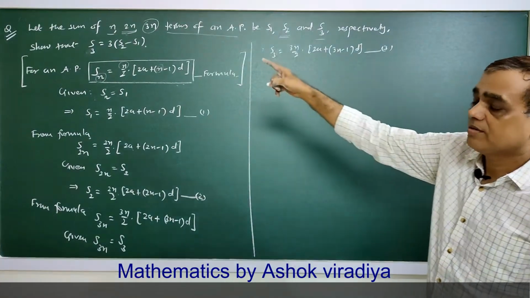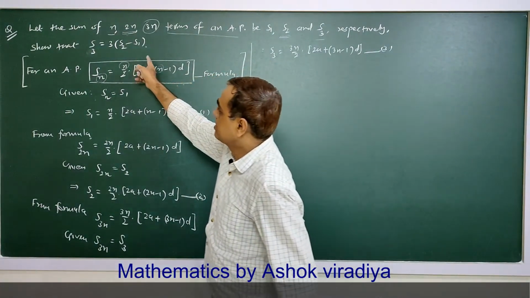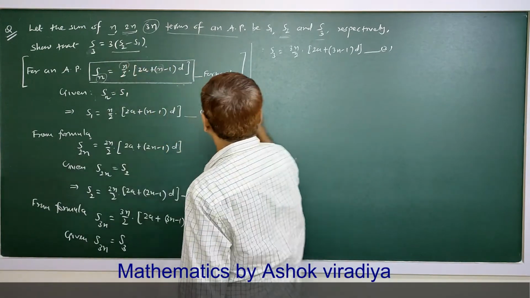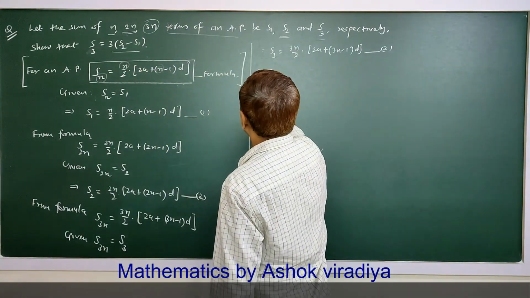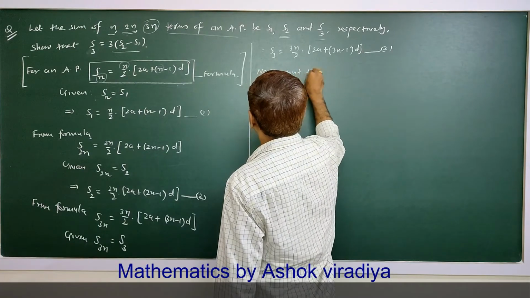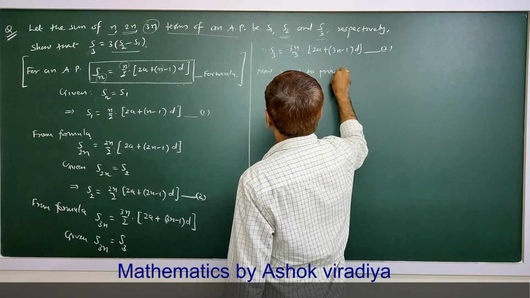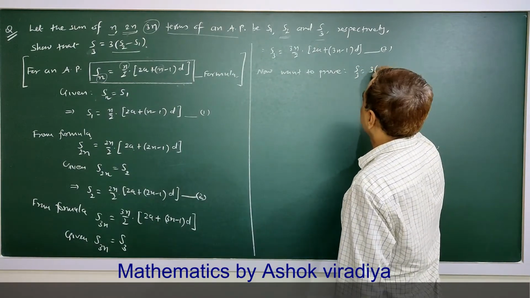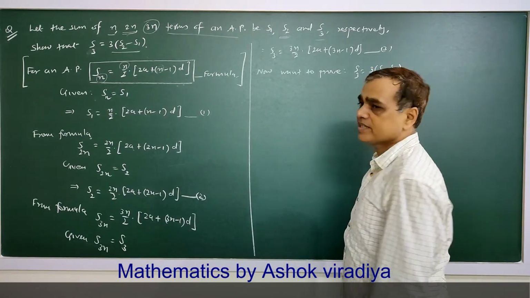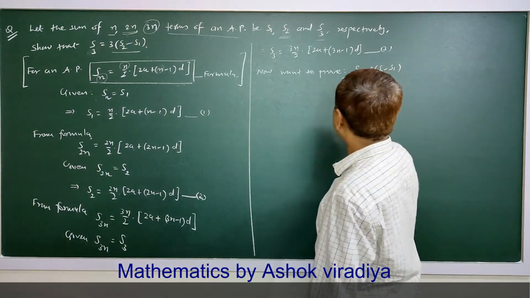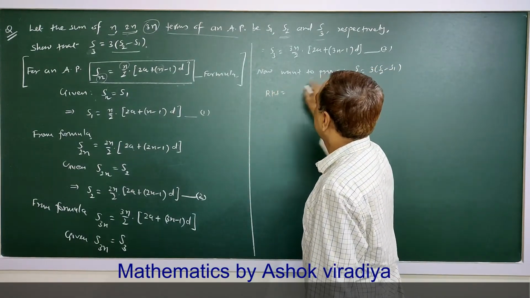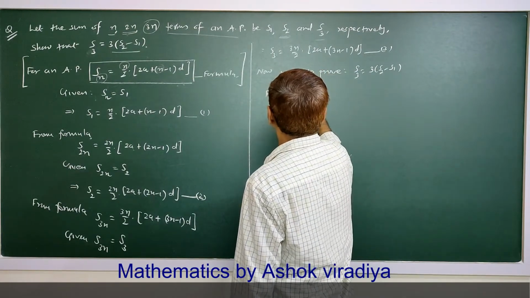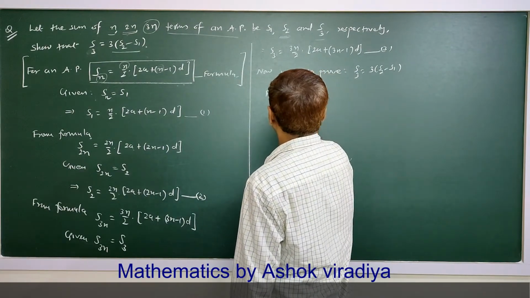Now we want to prove this result. So I am beginning from right hand side. Now we want to prove S3 equal to 3 into S2 minus S1. So taking RHS of this result, it is 3 times S2 minus S1.